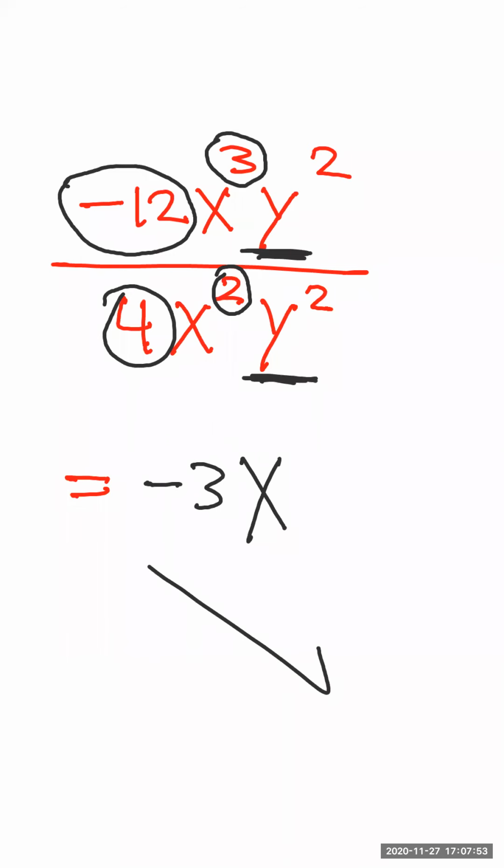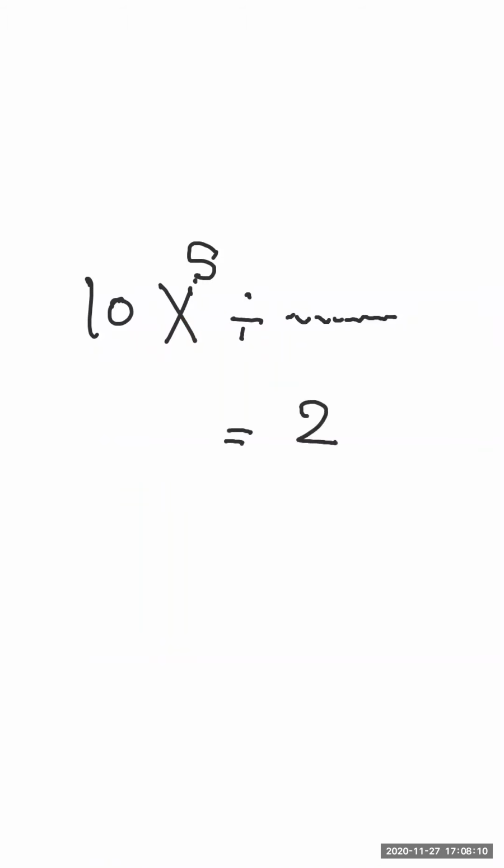Now this one is clear, guys? Yes, mister. Okay, great. If it's like this, 10x at the power of 5 divided by a blank, so it will equal 2x power 3. How to solve this one? Actually, it's very easy. I divided this coefficient by a number here, so it equals 2.